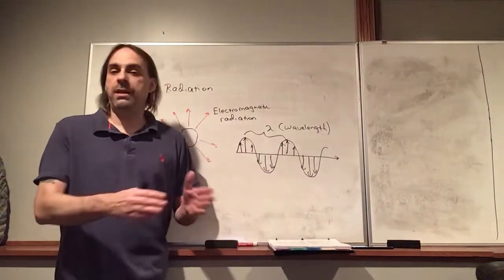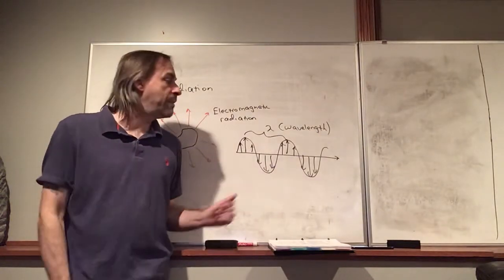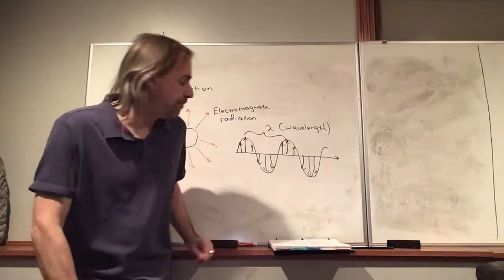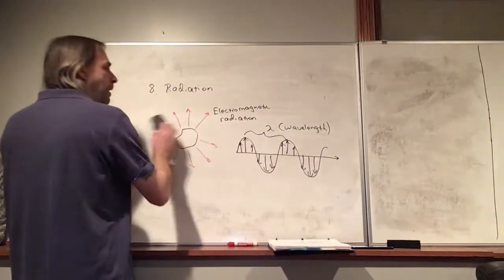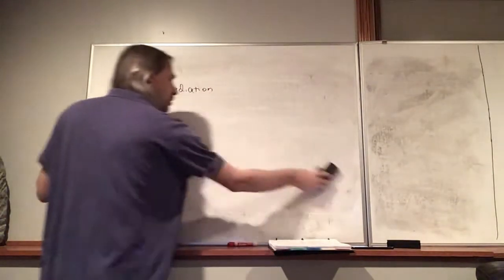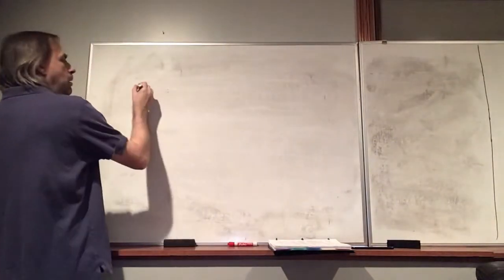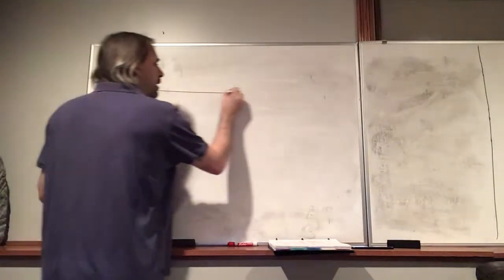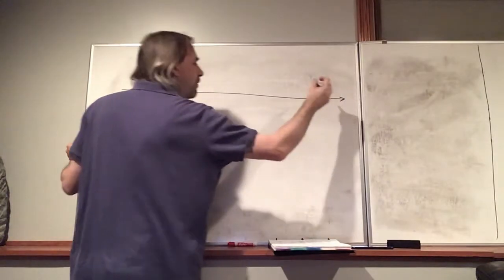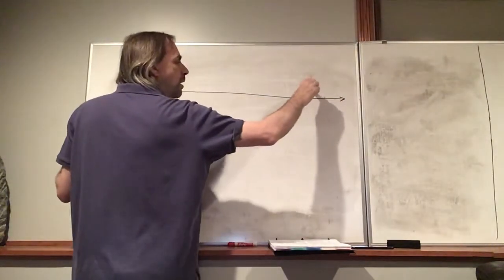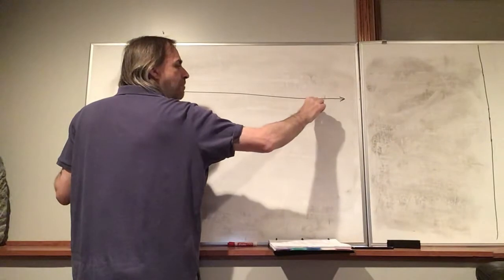So it has this enormous range, and we call that the electromagnetic spectrum. I'm going to draw the electromagnetic spectrum a little bit. Let's look in terms of increasing wavelength. At the upper end, we're in the meter range.